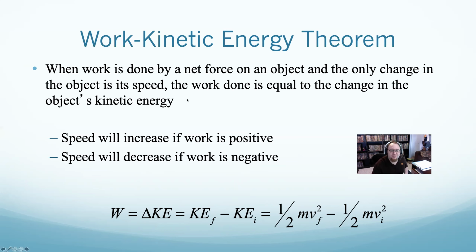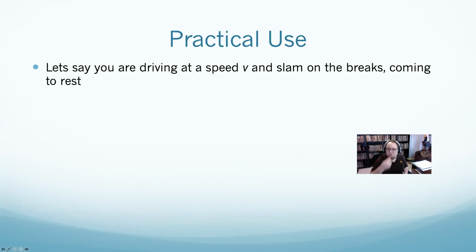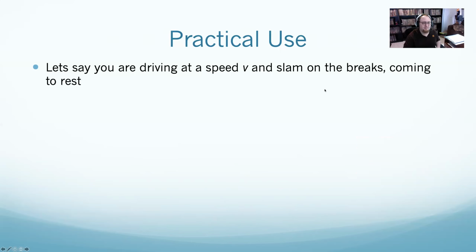Here's a practical use of this. Let's say you're driving at a speed v. You slam on the brakes, coming to rest. When you slam on the brakes, friction is doing work on your car. By slamming on the brakes, you're applying a force. That force is going to slow you down. If you're driving pretty fast and slam on the brakes and go until you're stopped, that means your final velocity is 0 because you stopped.